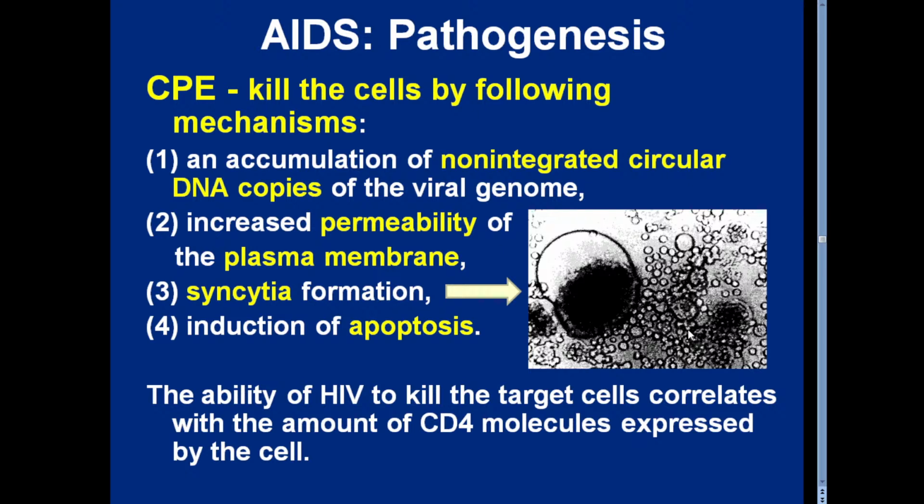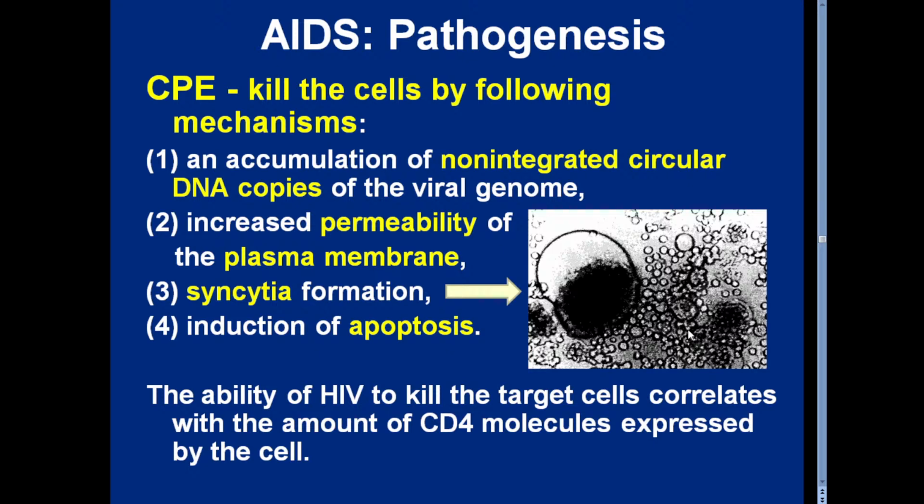Later this causes a change in membrane permeability, a change in osmotic pressure, and lysis of the cell. Third, syncytia formation. One cell fuses with other cells, and as a result very many immune cells fuse into one and don't work effectively against HIV viruses and against other types of infection.